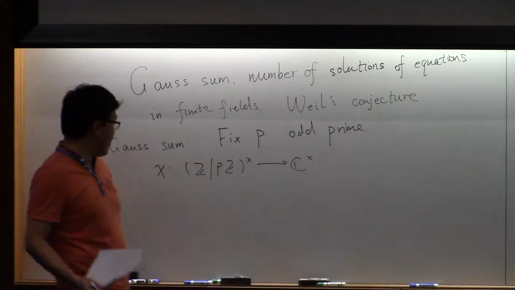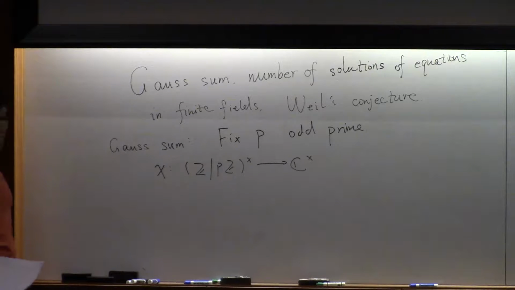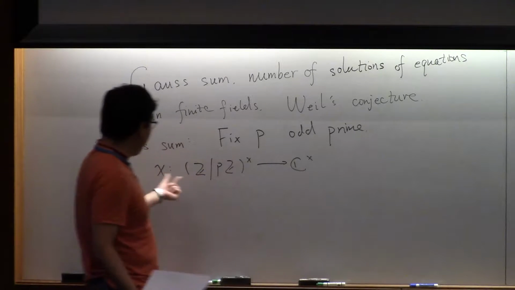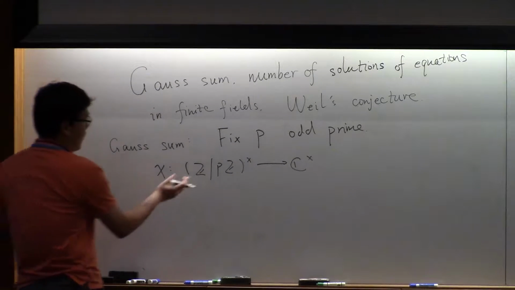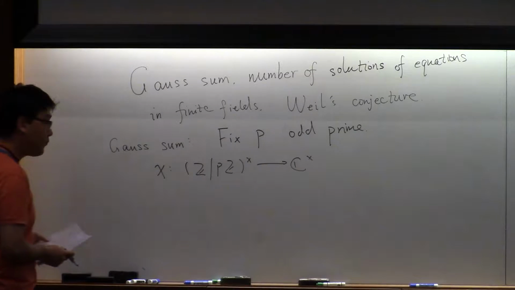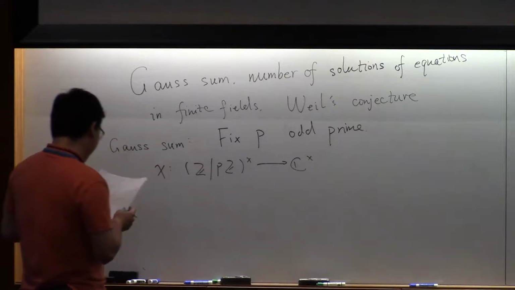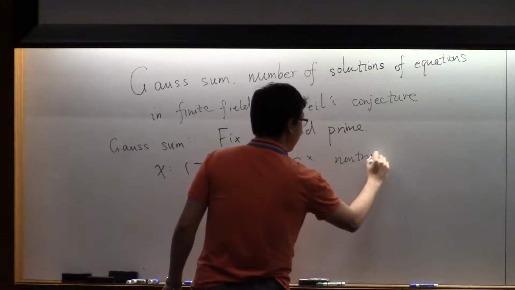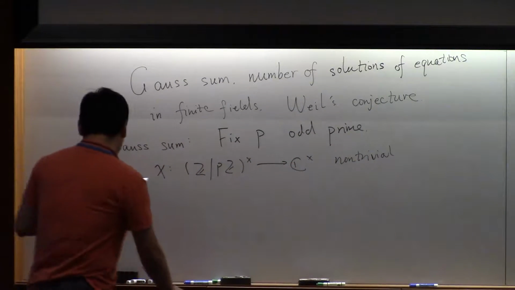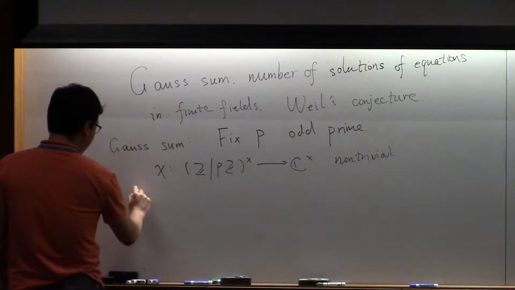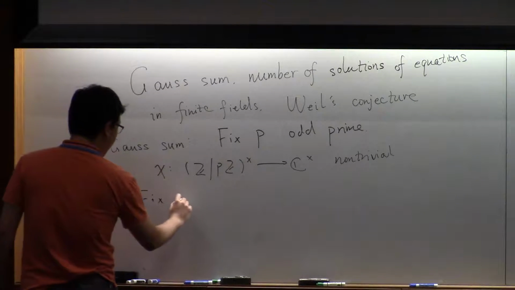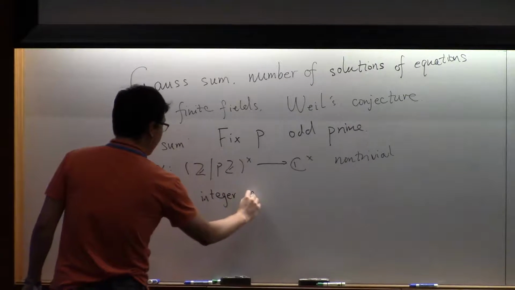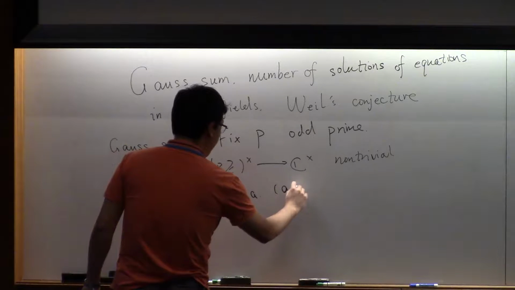The non-zero elements here, when we multiply, this character is a non-trivial homomorphism on the multiplicative group. This is non-trivial. And also I fix an integer a. I assume that the integer a is prime to p.